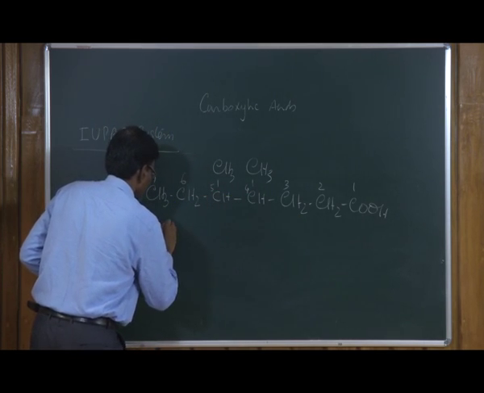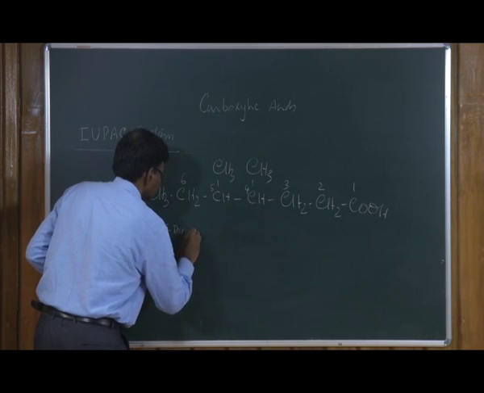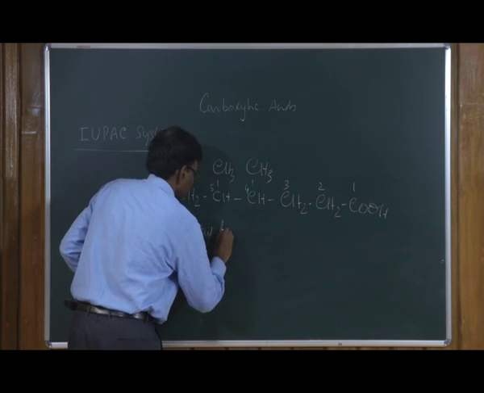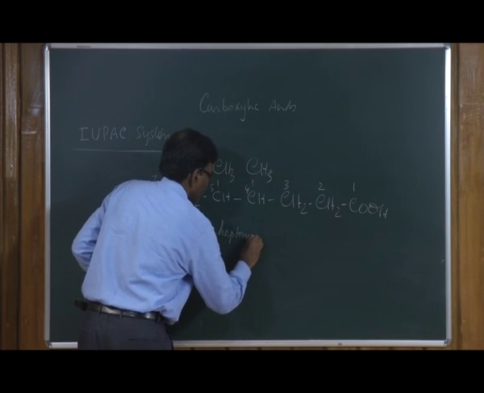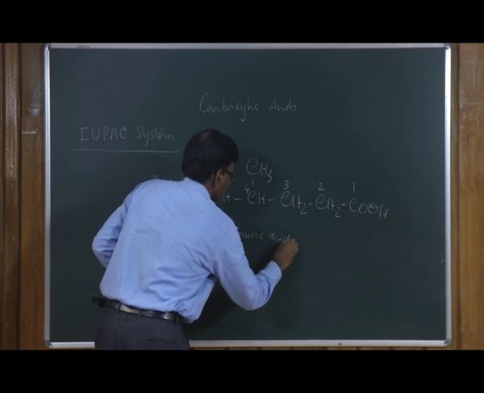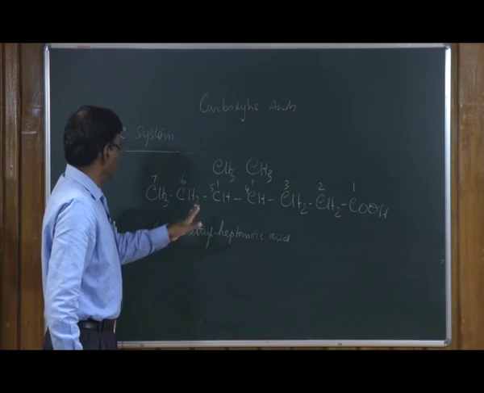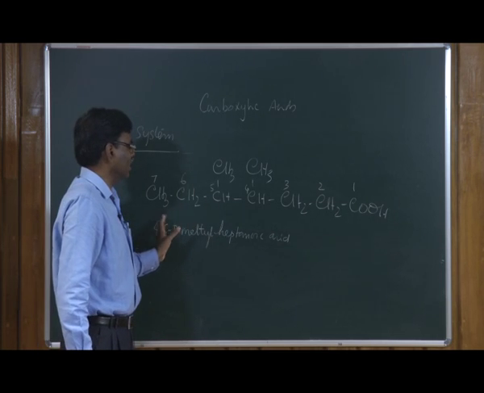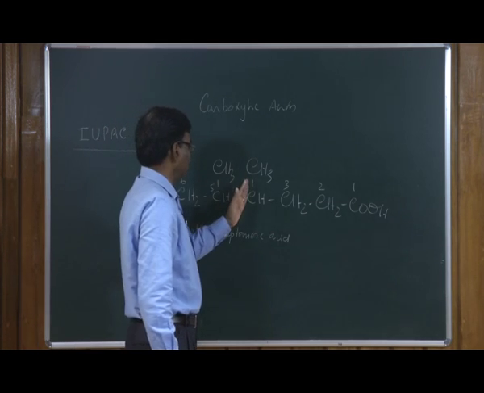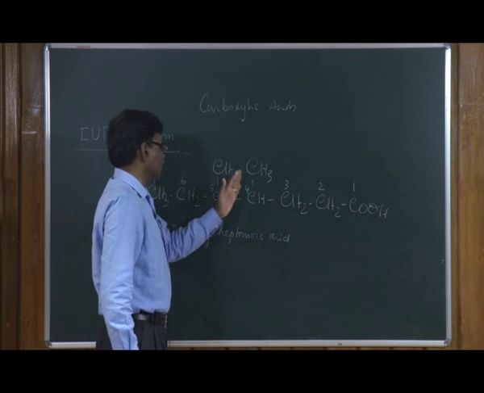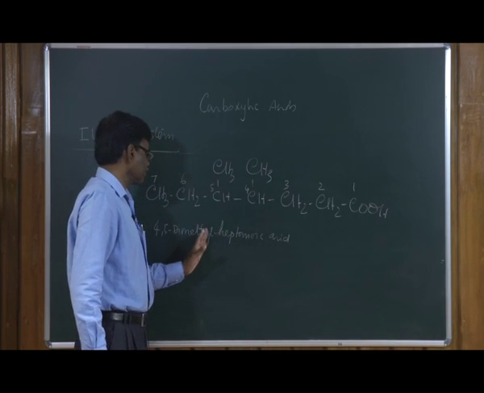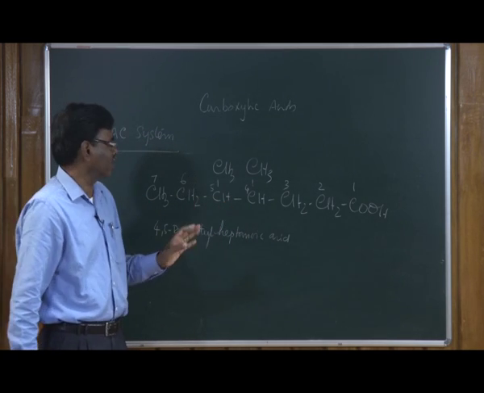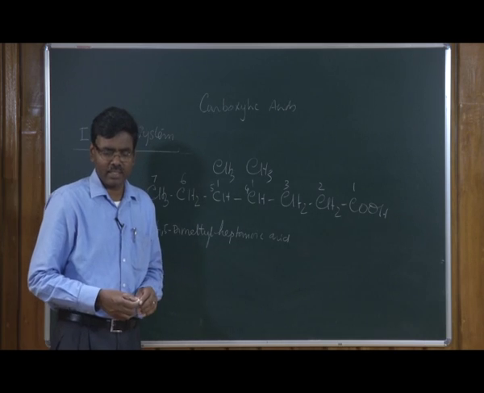Therefore, 4,5-dimethylheptanoic acid is the IUPAC name of this carboxylic acid. We can name any carboxylic acid like this by numbering and placing the position as well as the substituent name before the carboxylic acid as a prefix, and this is how the name for a long chain carboxylic acid is given.